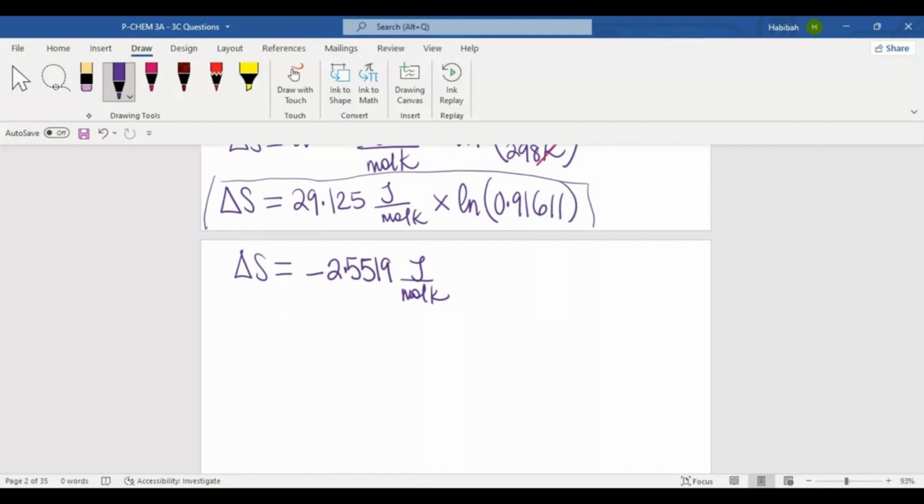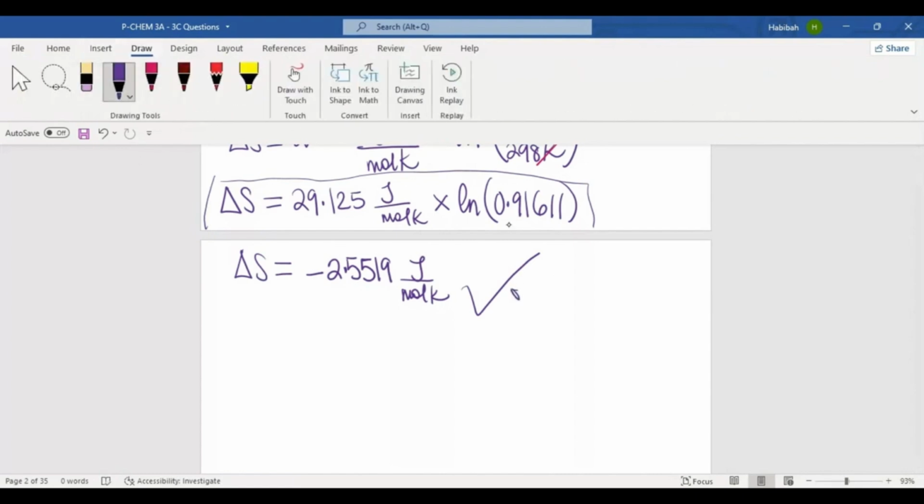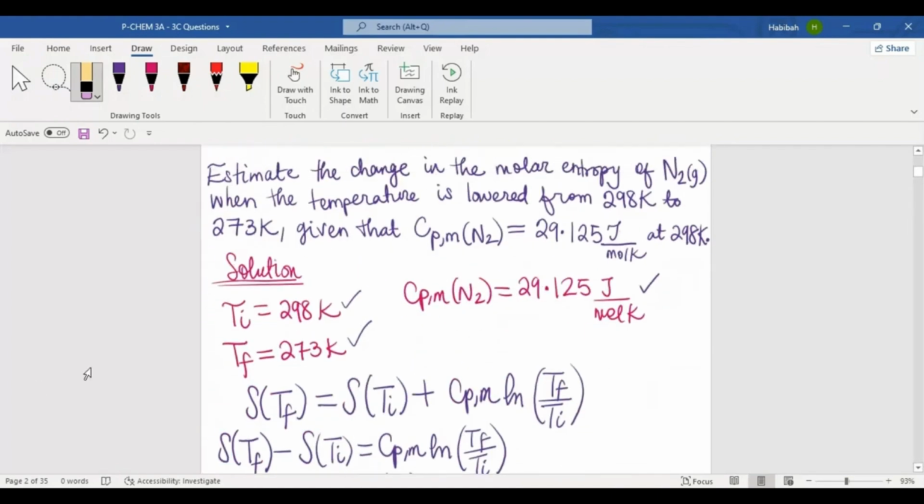Now, since we're dealing with a chemistry question, we cannot just say, oh, this is our final answer, right? We have to make sure that we are putting it in the correct number of sig figs, because that's how you work with chemistry problems. So in our question, we have 3 sig figs for 298 kelvins, 3 sig figs for 273 kelvins, and 5 sig figs for the molar heat capacity of nitrogen at constant pressure.